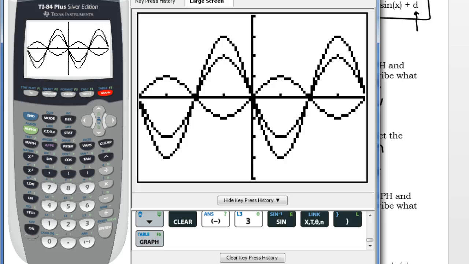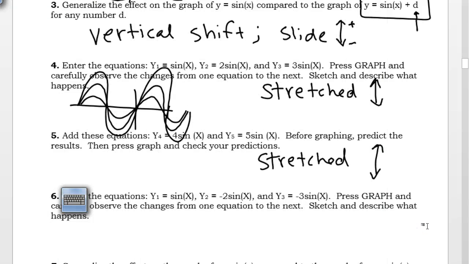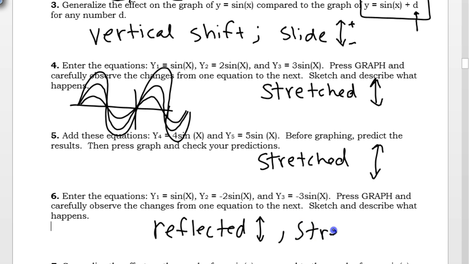So what the negative does is, rather than going up right here, it reflects it down, and then the 2 is going to stretch it because the normal 2 was going up here, and so now the new 2 is reflected down. So the 2 still stretches it, but the negative adds a reflection component. So it is reflected and then also stretched.